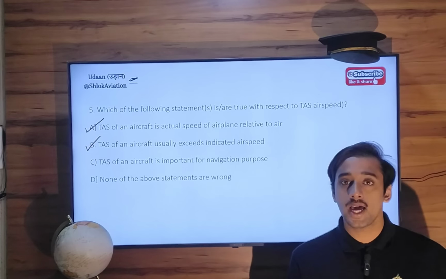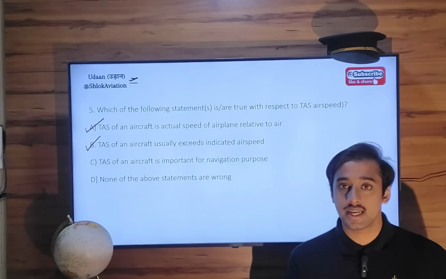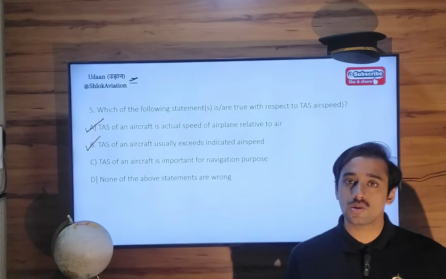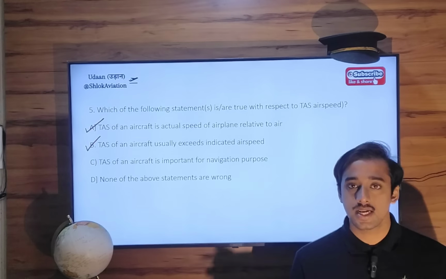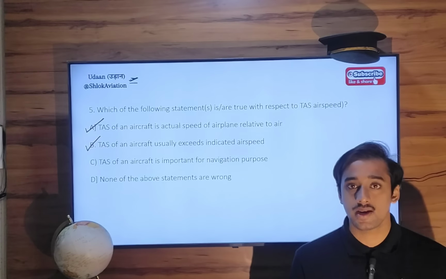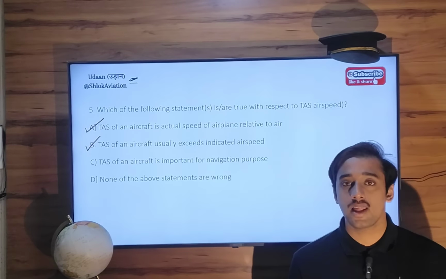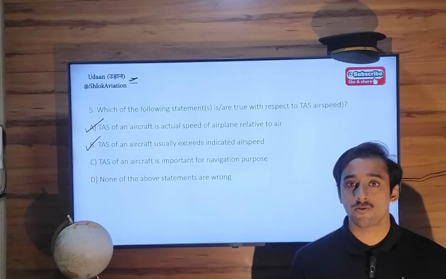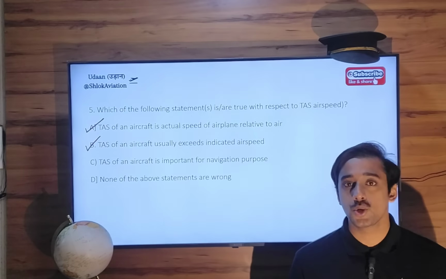When you fly on an ISA day, the indicated airspeed will be equal to your true airspeed. Only in those ISA atmospheric conditions will the speed indicated by your airspeed indicator be equivalent to your true airspeed. In non-ISA atmospheric conditions, the indicated airspeed of your aircraft will not be equal to the true airspeed.